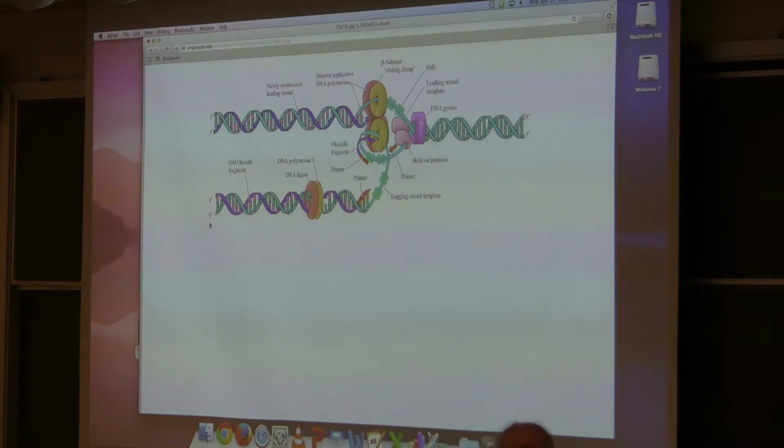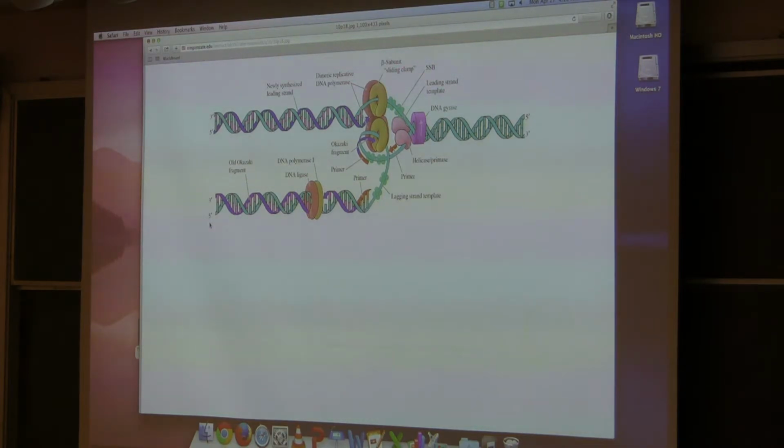It also plays a role in the replication process. It helps the polymerase, but we don't need to worry about that. But wherever we see a replication fork, we will always see SSB.